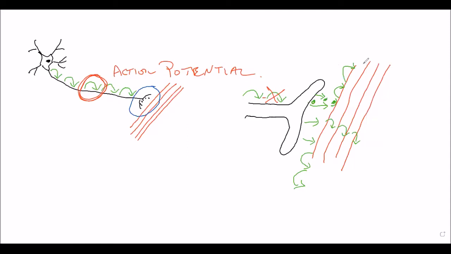Okay, so I'm going to erase this. So now you have the idea of what a neuromuscular junction is. These are clear. Now what we have to talk about is the action potential.